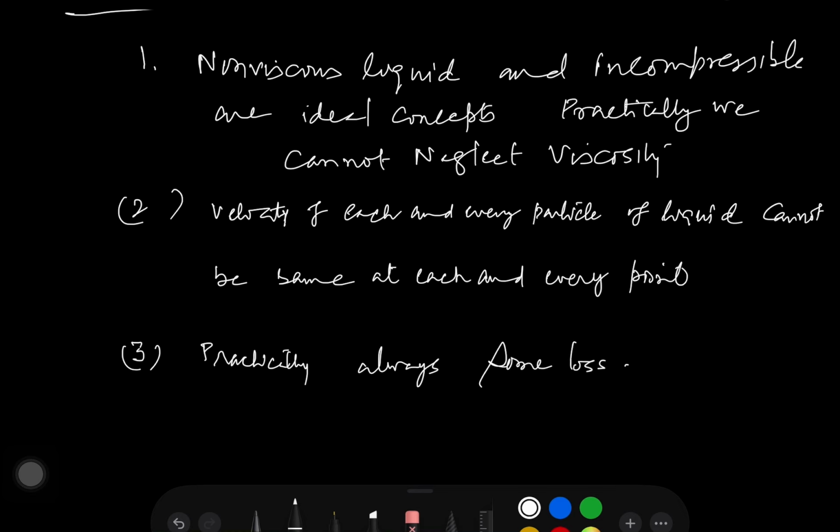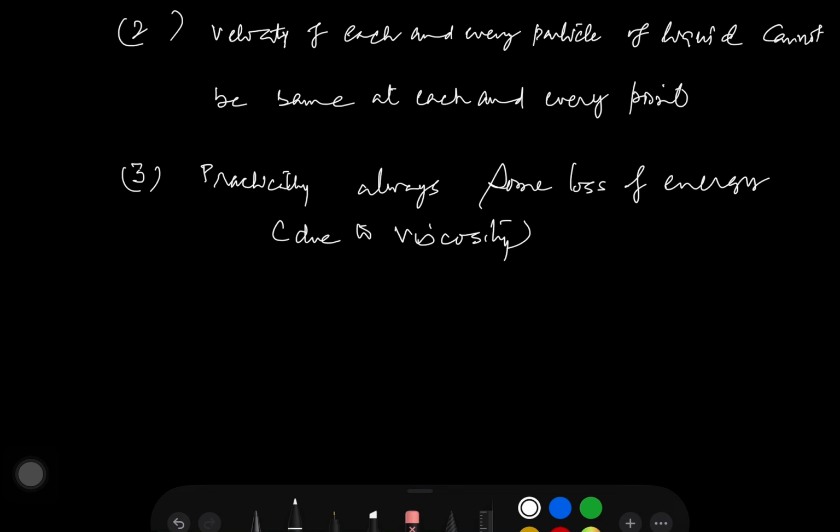So practically there is always some loss of energy due to viscosity. So I think the concept is clear to you.